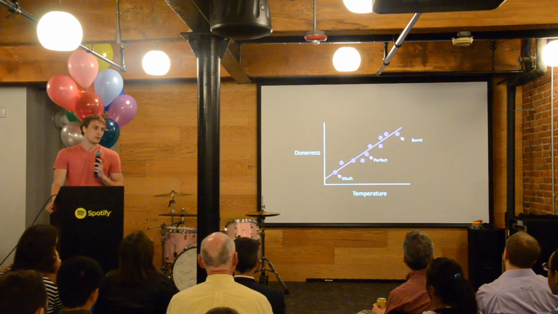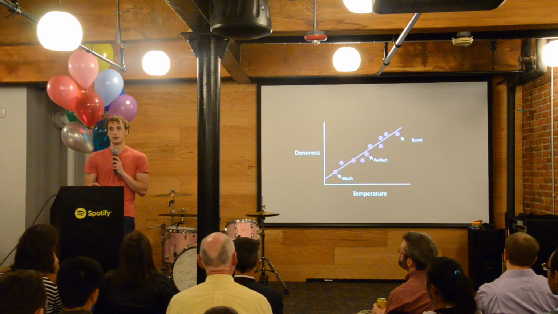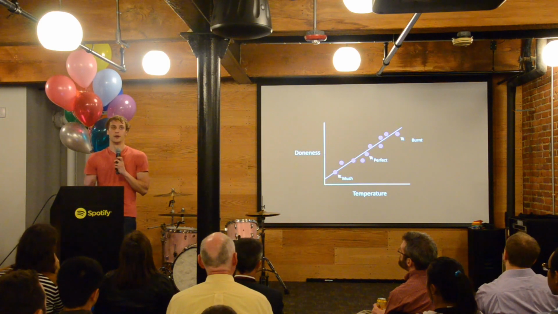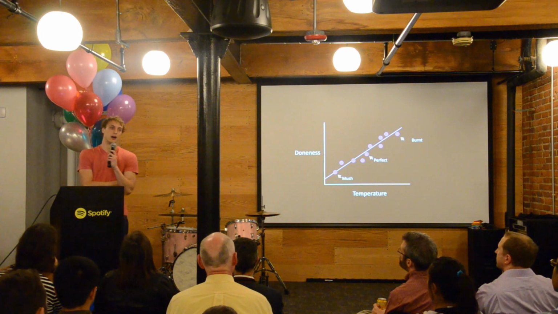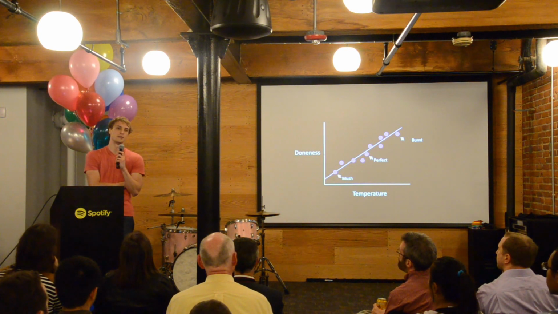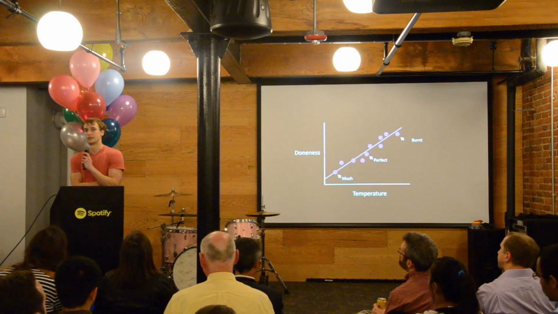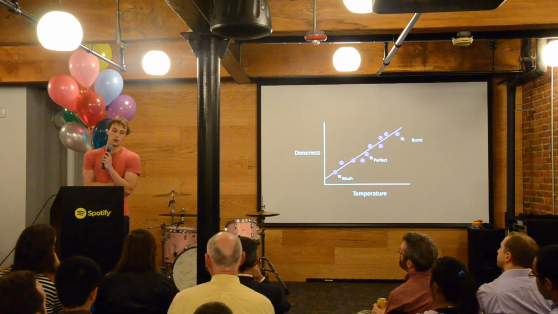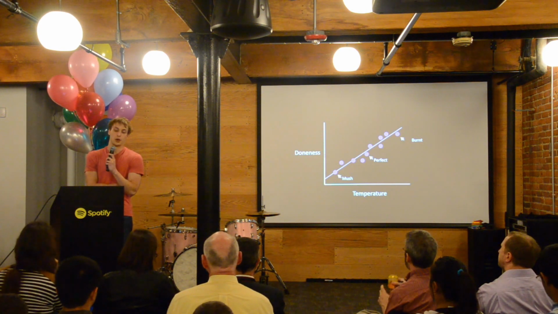So this is pretty cool. We now have a way to map a given temperature value to a scalar doneness value. But not all problems really follow the format of a linear regression. Sometimes it doesn't matter what the range of the output values are. We don't care if it's 0 or 1 or 5. All we really care about is answering a yes or no question.